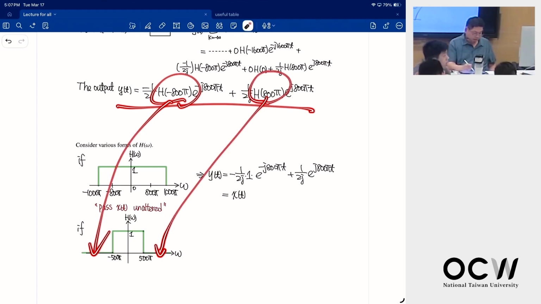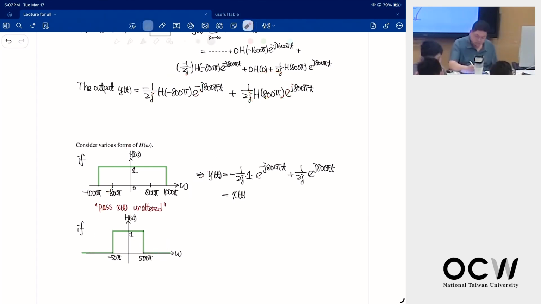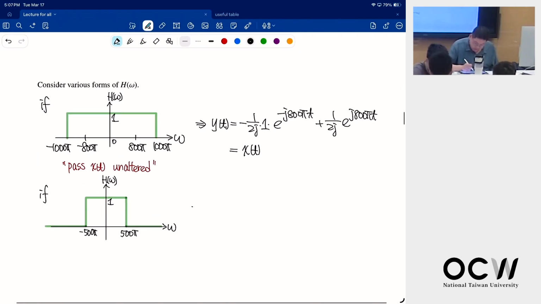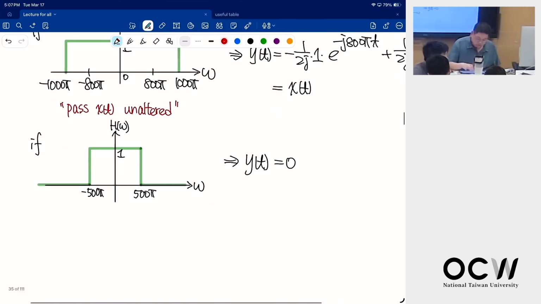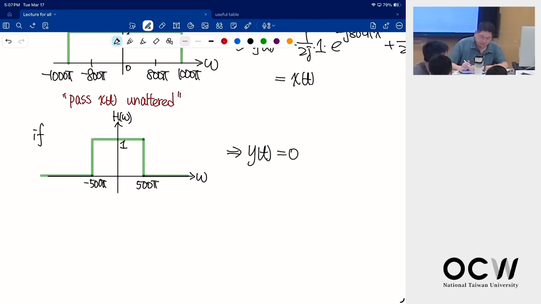That's 0. So the output is 0. So this filter or this system annihilates the x.